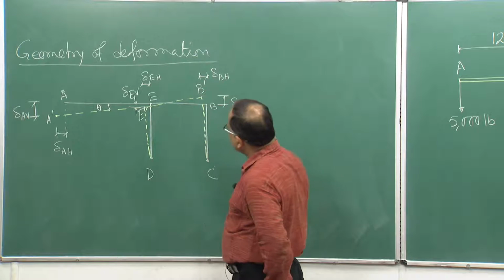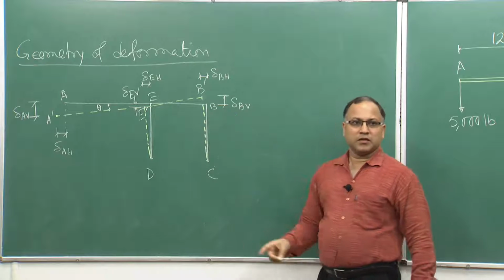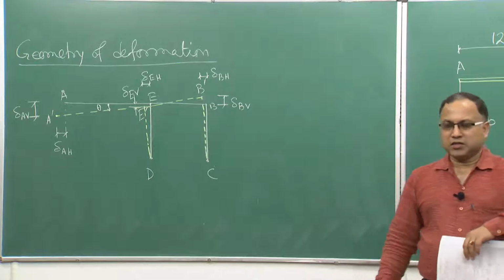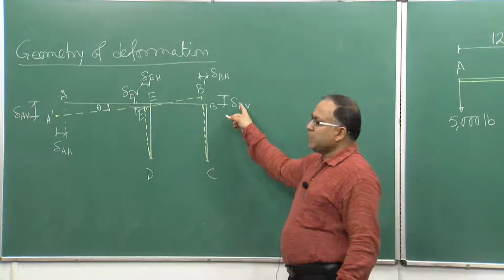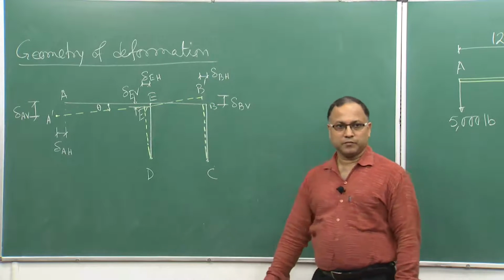Therefore, the vertical movement of B point is given by delta BV, which is the vertical distance between B and B prime.